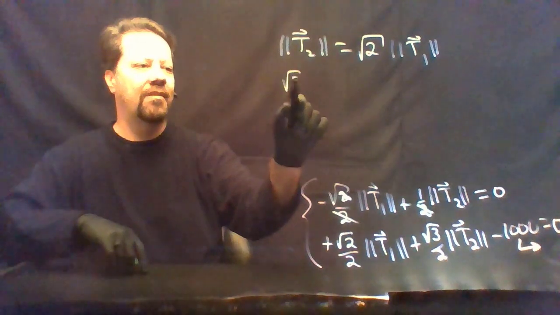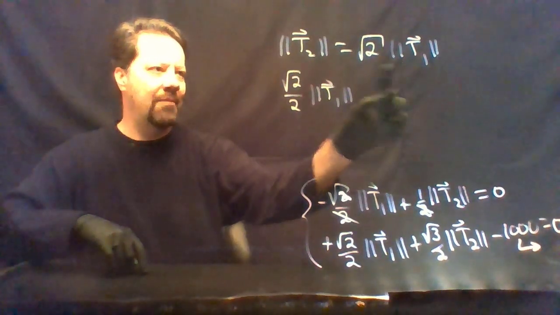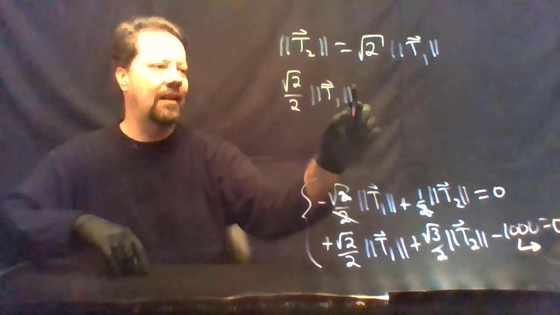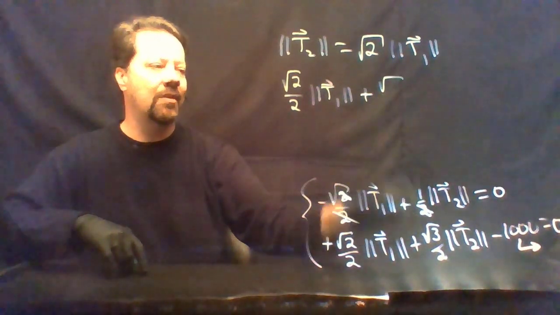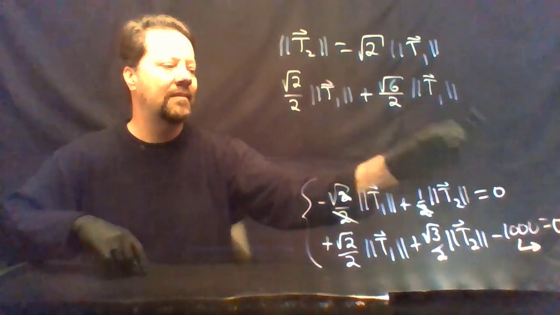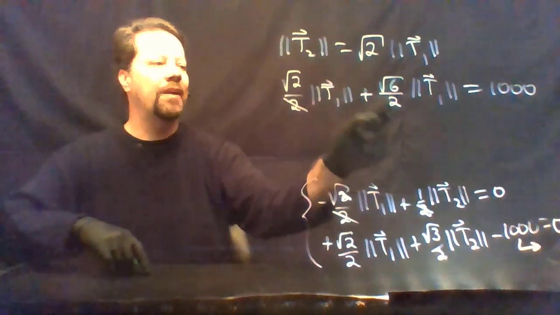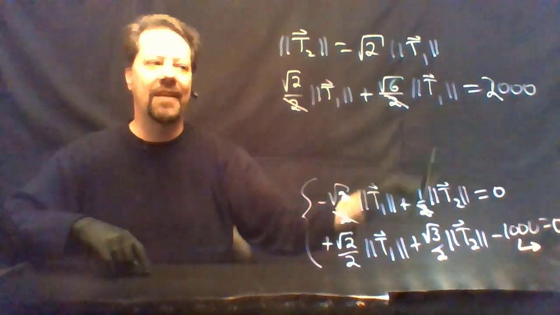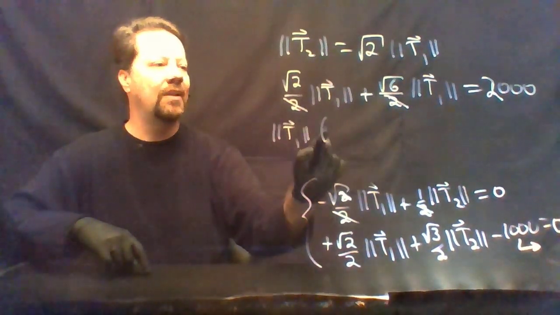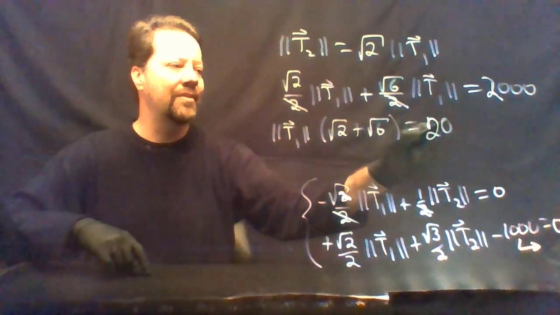We'll have root 2 over 2 times the norm of T1, keeping in mind that the norm of T2 is the square root of 2 times the norm of T1, plus the square root of 2 times the square root of 3, that's the square root of 6 over 2 times the norm of T1, equals 1000. We can multiply through by 2, and that will give us 2000. Factoring out the norm of T1, we'll have (root 2 plus root 6) times the norm of T1 equals 2000.